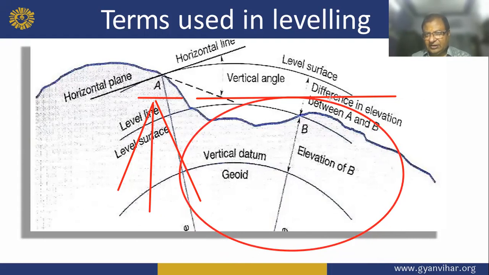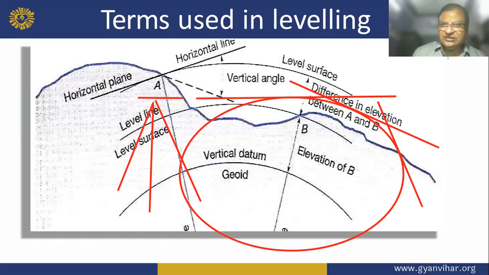So your line is required to turn out of this surface. It means your horizontal line will be required like this, correct?